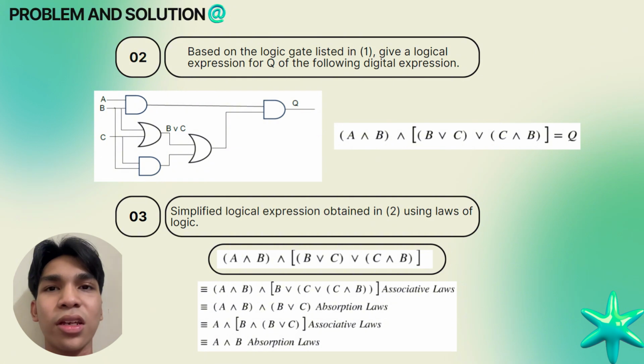So A and B goes through the AND gate, which then ends up in another AND gate, so we can leave that for later.